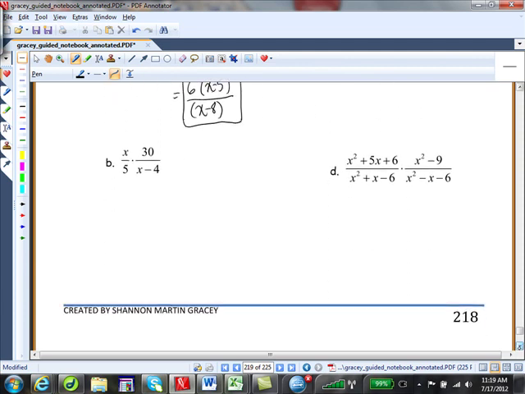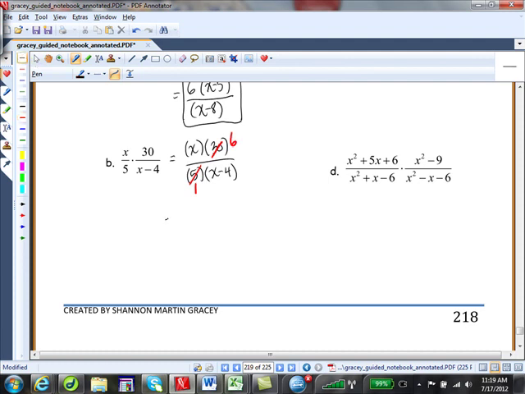So here, we're making one happy fraction. We've got x times 30 over 5 times x minus 4. Now, we could write that 30 as 5 times 6. Some of you might be comfortable with saying, oh, 5 goes into itself once and into 30 6 times.